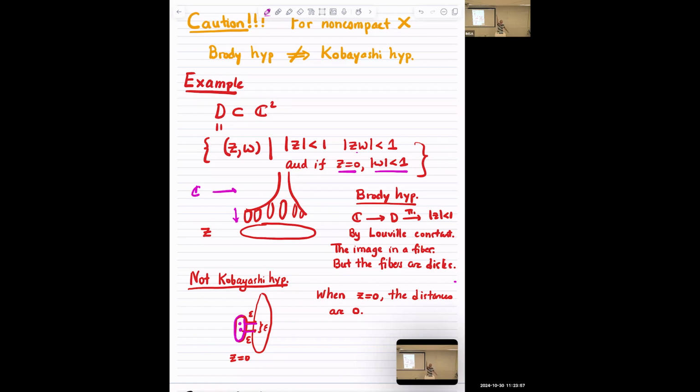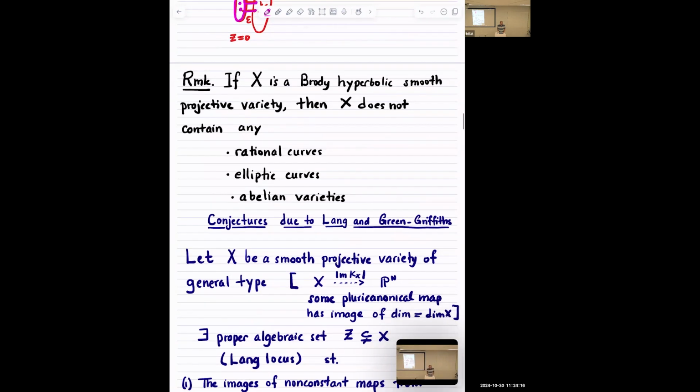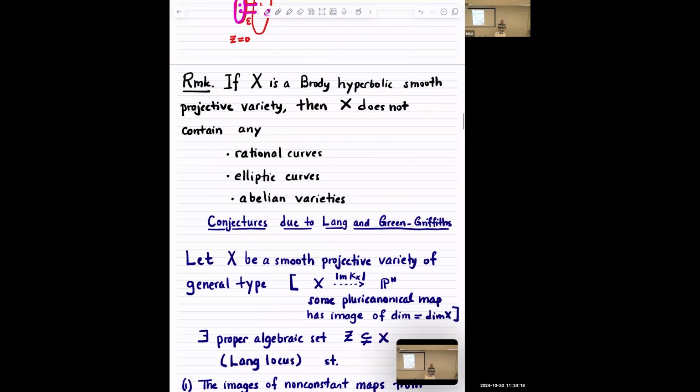Then there's a very large disk in there, so that those two points are very close to each other. So the distances between any two points in the central disk are 0. These kinds of things can happen if your manifold is not compact. All right, so that was a little aside, and let me make a little remark.